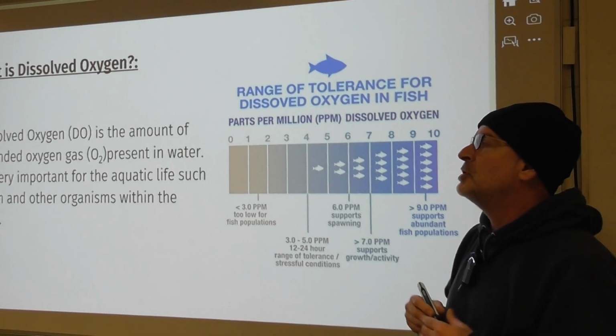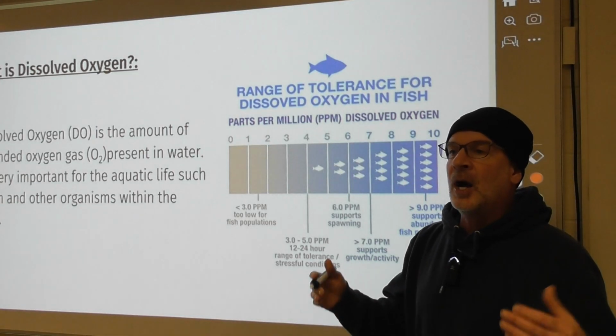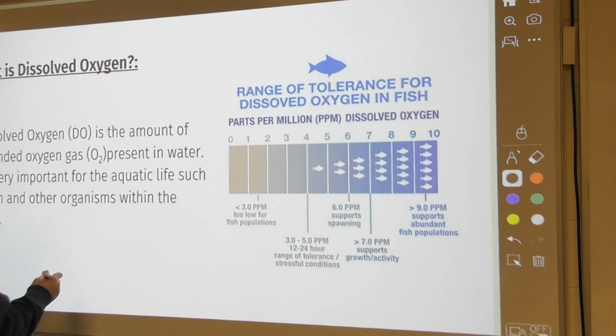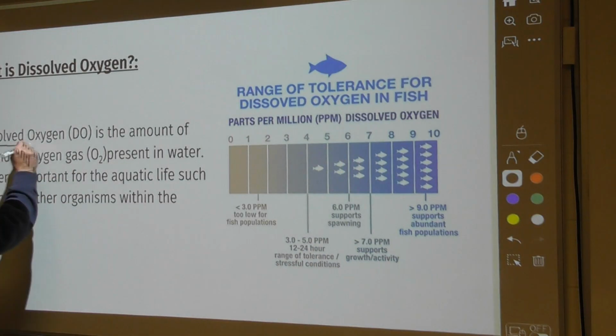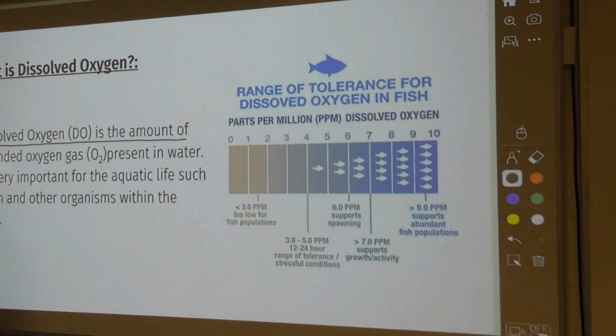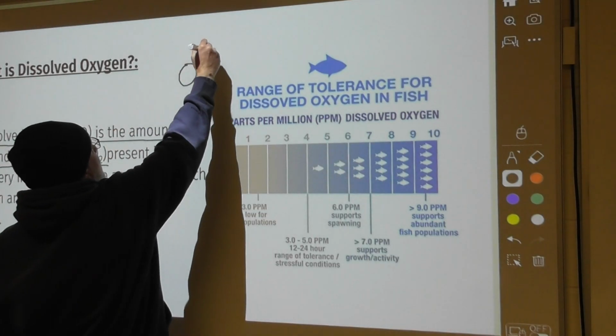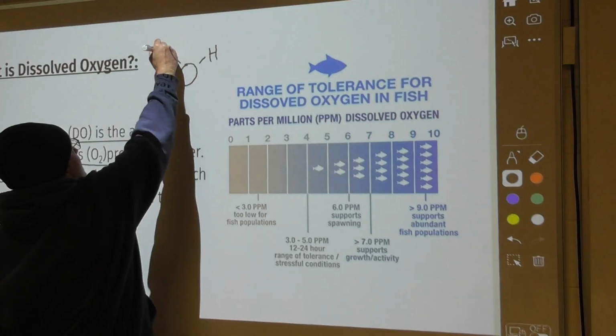What dissolved oxygen measures is the amount of oxygen gas that's trapped in water. If you think about water as being like little pieces of something, you might remember from work that we've done or other classes, that water molecules are made up of one oxygen atom attached to two hydrogen atoms.